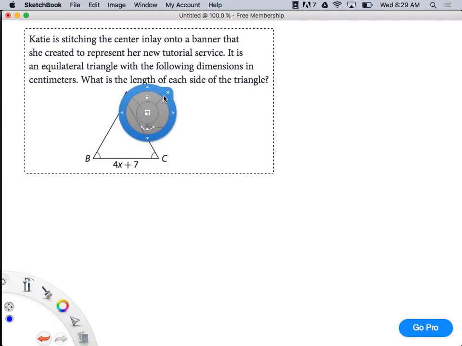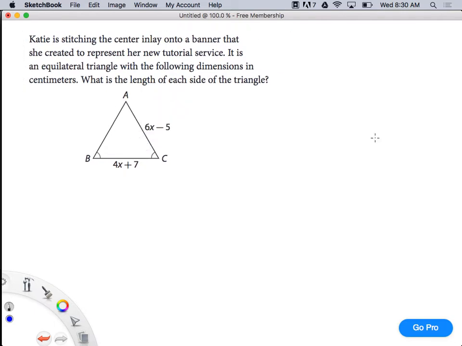Katie is stitching the center inlay into a banner that she created to represent her new tutorial service. Okay. All of that is useless to me. It is an equilateral triangle. That's useful. With the following dimensions in centimeters.